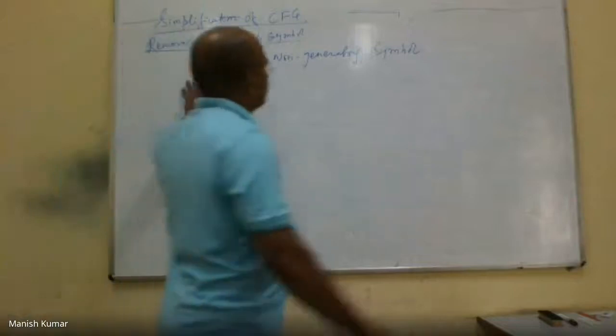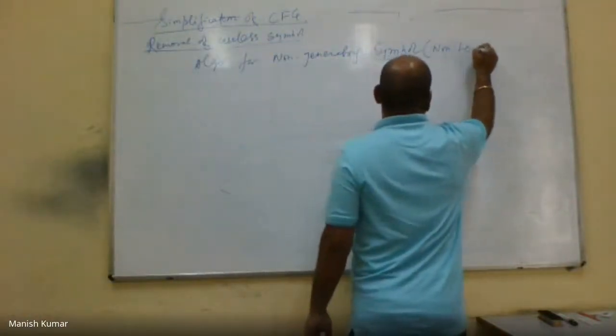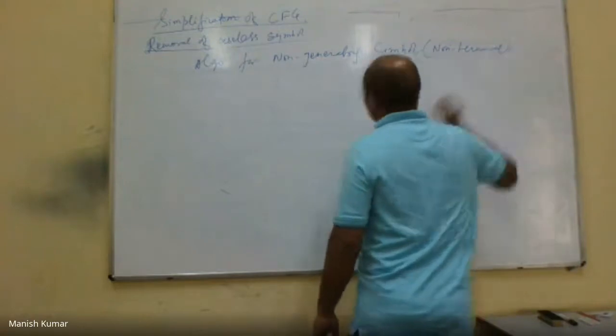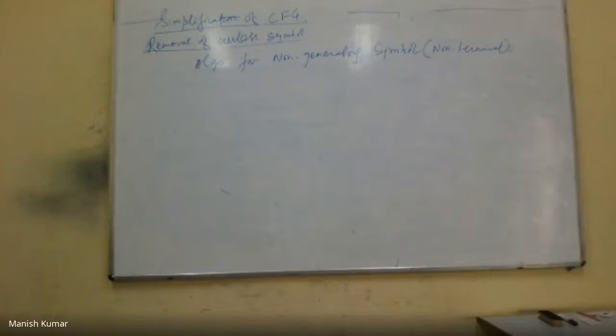In this case, terminals will not be there. This will always be a non-terminal, so we only look for non-terminals in this case. This can also be done with the help of the same set of algorithm.